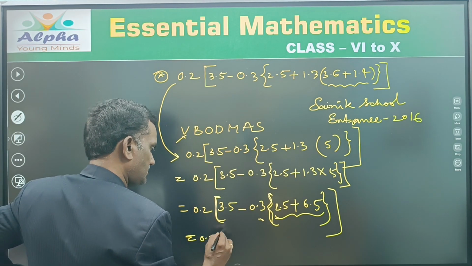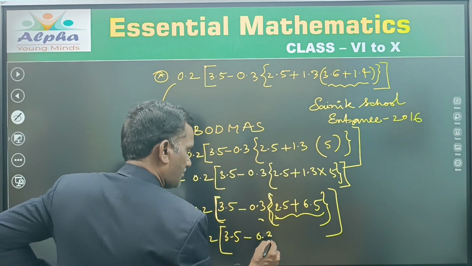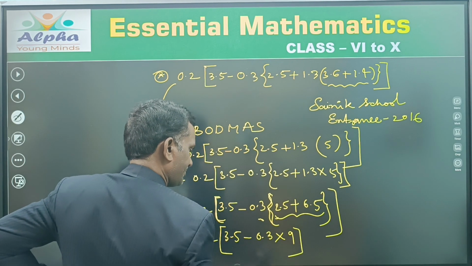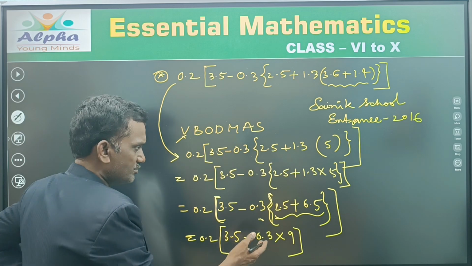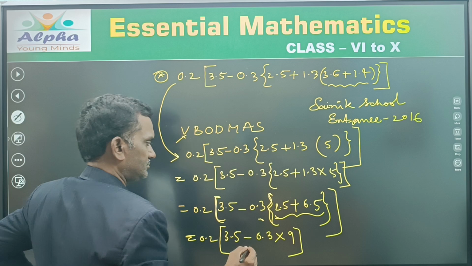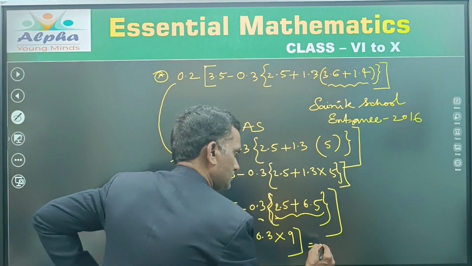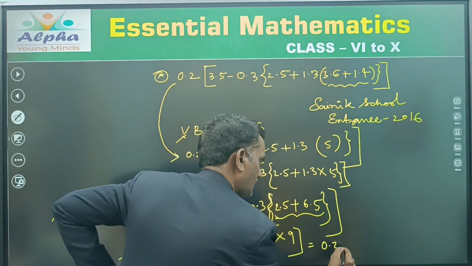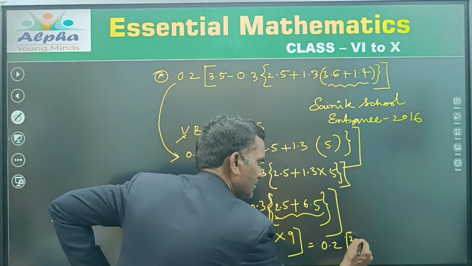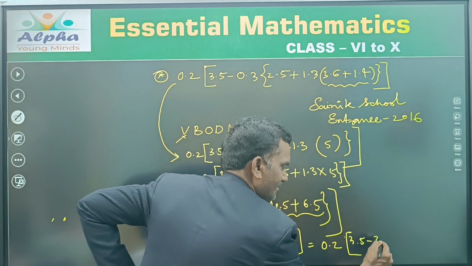0.2 into square brackets 3.5 minus 0.3 into 9. Again in square brackets, that is to be simplified. This is equal to 0.2 into 3.5 minus 0.3 into 9, that is 2.7.